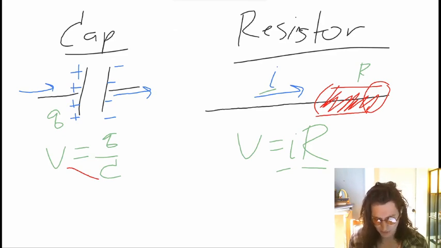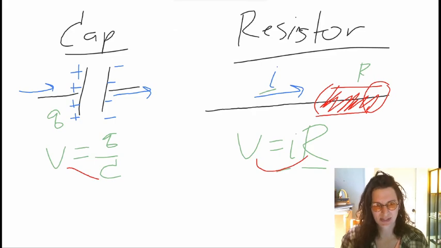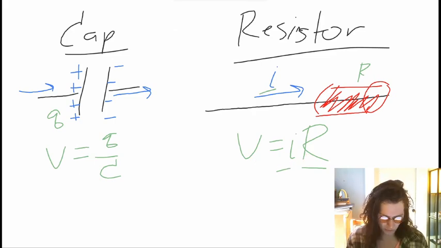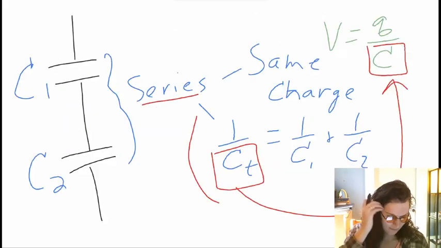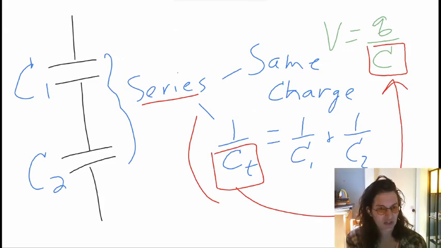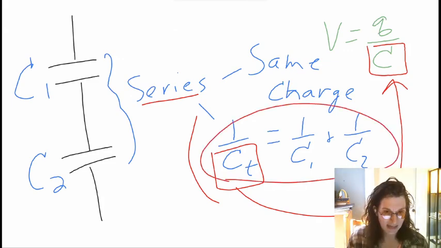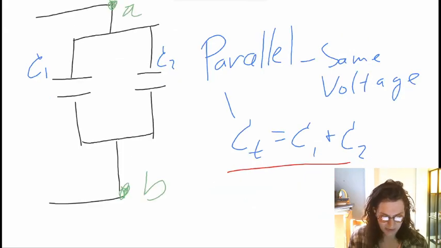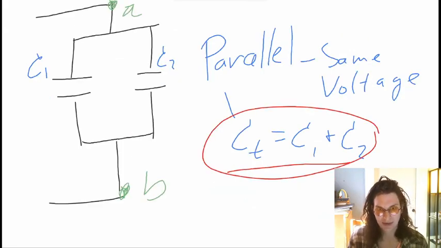For resistors, the voltage is related directly to the resistance. So we'd actually switch our rules. That means that for series resistors, we would just strictly add the resistances together. And for parallel resistors, we actually use the inverse rule to sum the resistances.